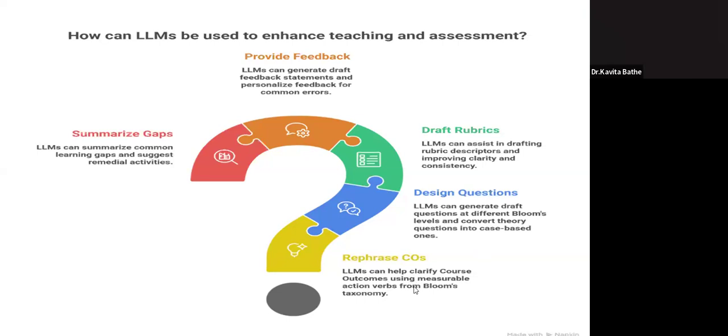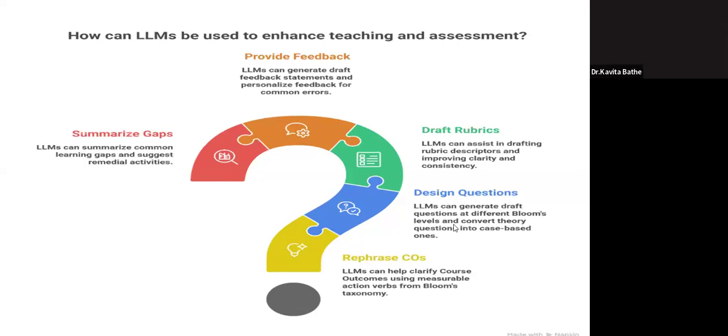As we all know about Bloom's taxonomy, whatever CO we are framing, we need to make sure that the proper verbs from Bloom's taxonomy are used. If you're framing it and maybe not designing it in a proper way, sometimes it happens, your large language model can help us in rephrasing these course outcomes and the related things.